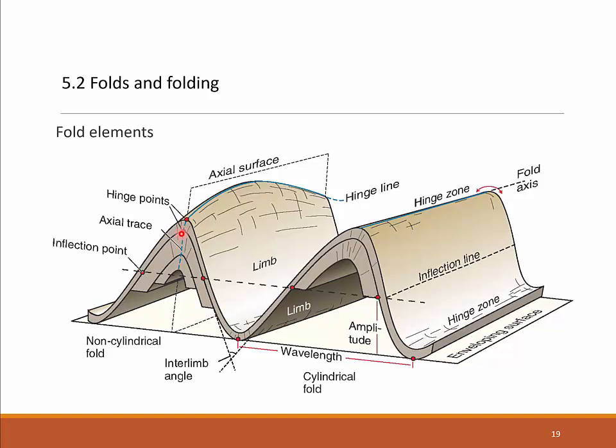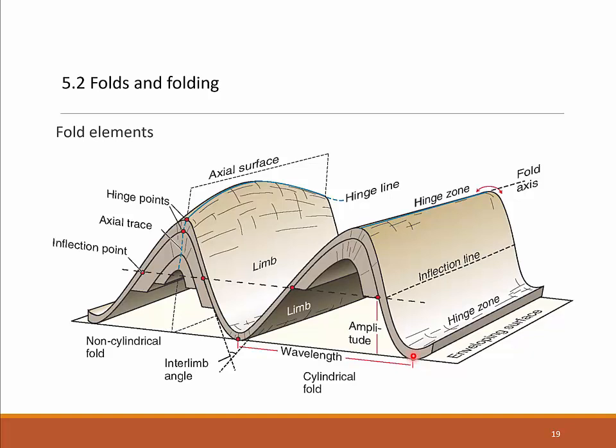If you connect the hinge points with a line and you draw a second line along the hinge line that we see here, we obtain the actual surface. On either side of the hinge zone we would find the two limbs, which in this example here connect antiformal hinges with synformal hinges. The angle between the limbs is the interlimb angle.